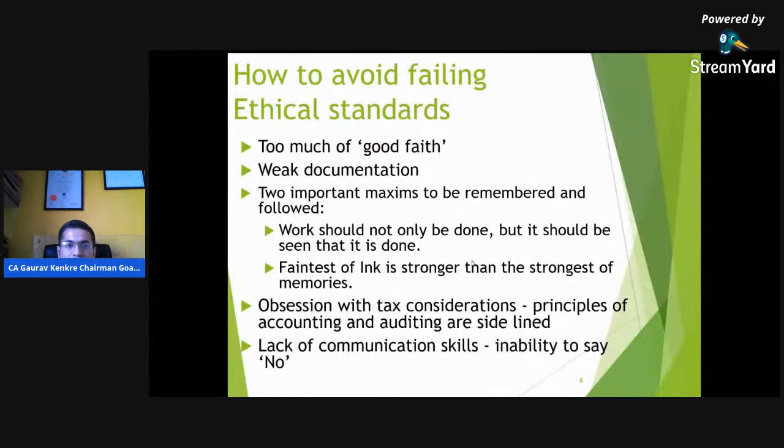So this is where another issue of ethical failings comes up, that we sometimes end up looking at just the tax obligation. We will think, let us try to structure this deal or this transaction in a way that we avoid paying GST, for example.